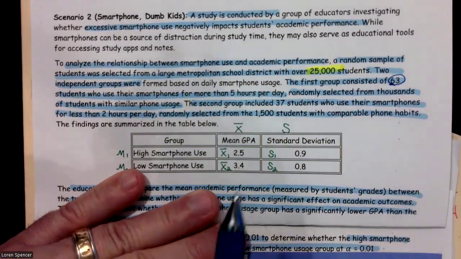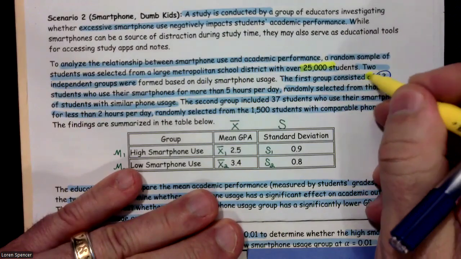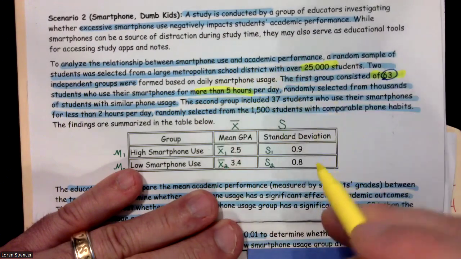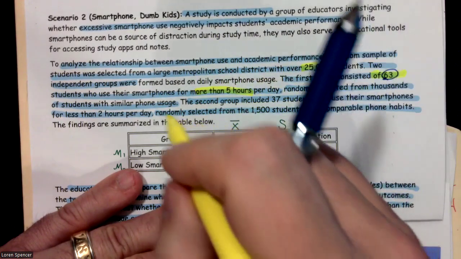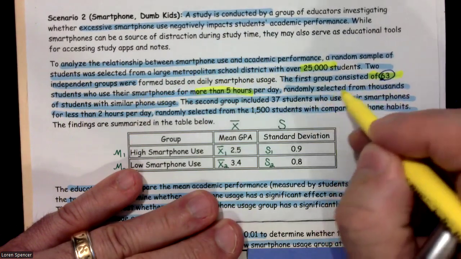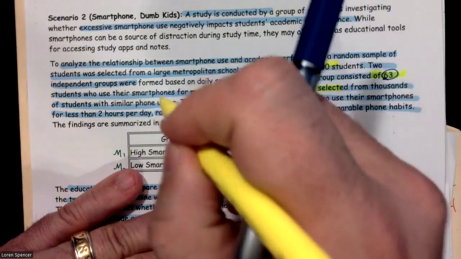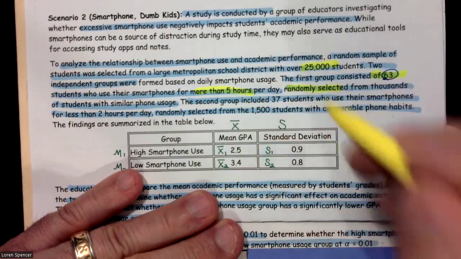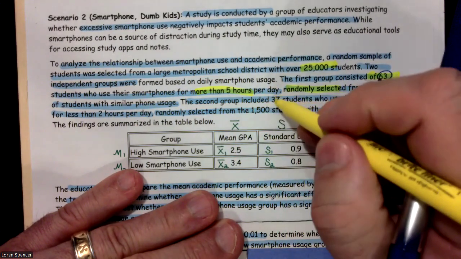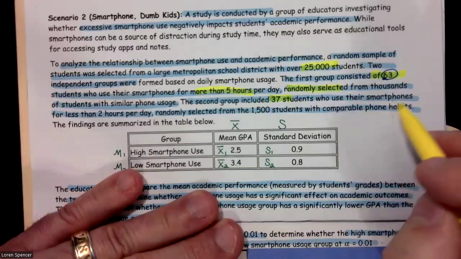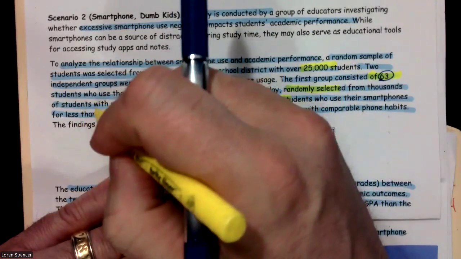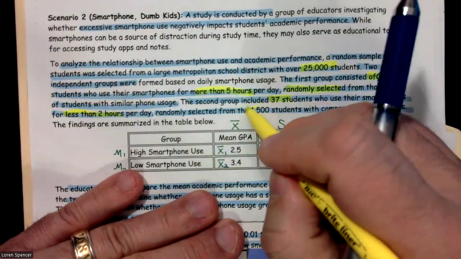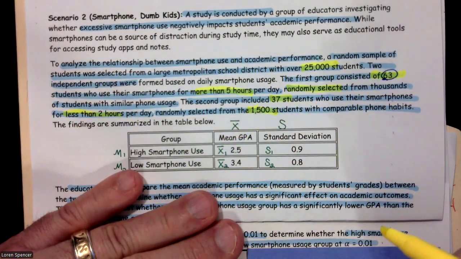So we have 63 students that were randomly selected, and they use it for more than 5 hours a day, randomly selected from thousands of students with similar phone usage. The second group included 37, so a much smaller group, who use their smartphone for less than 2 hours a day, randomly selected from the 1,500 students with comparable phone usage.